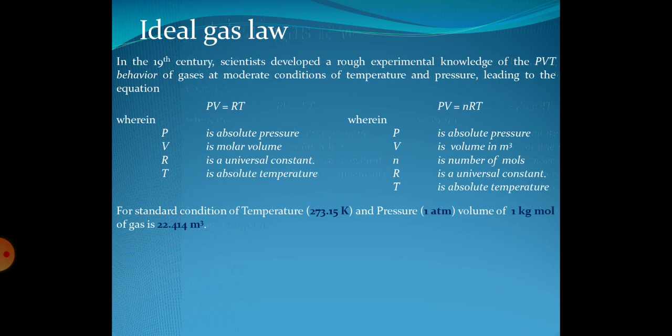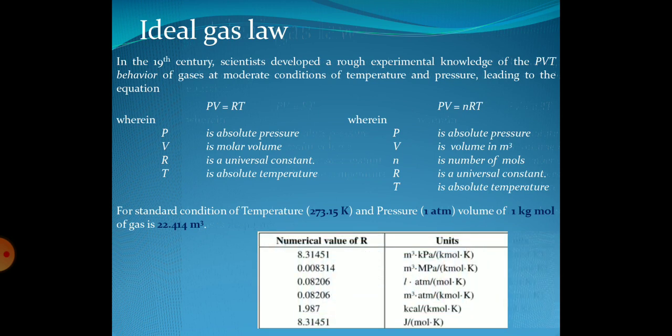This is the standard condition of temperature and pressure, and we can get the volume of 1 kgmole of gas as 22.414 meter cube. By using these values in the ideal gas equation, we get the numerical value of R. As you can see, there are various numerical values of R with respective units.